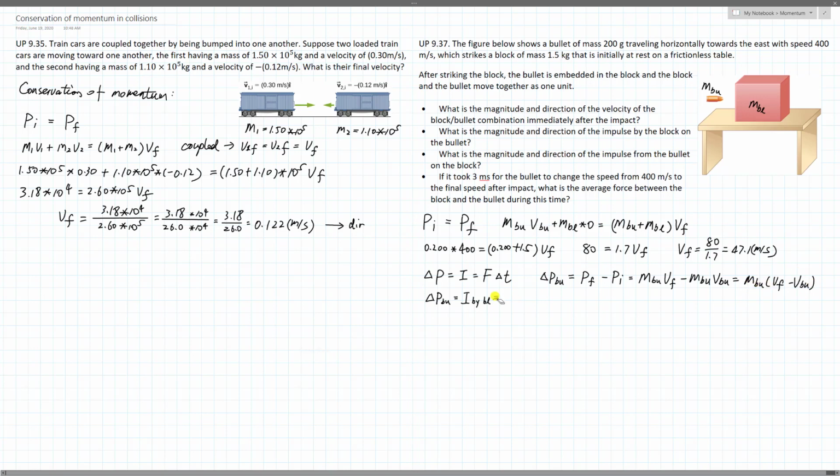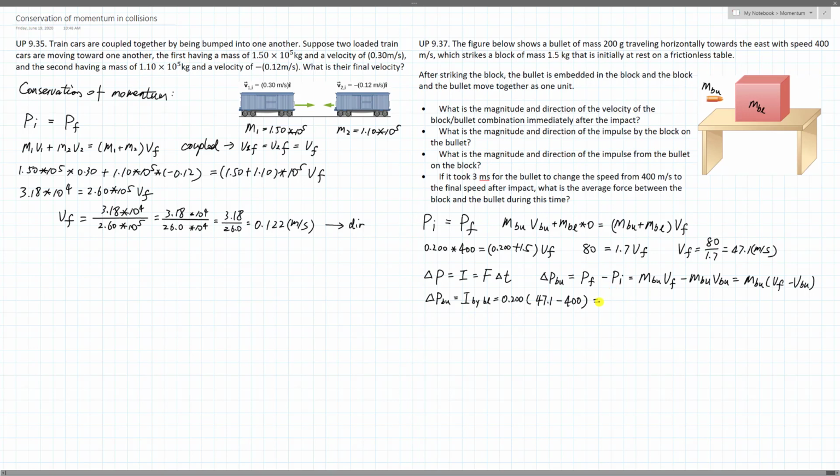So let's plug in the mass of the bullet, which is 200 grams. The final velocity is 47.1. The initial velocity is 400. As you can see, this is negative, which makes sense. The impulse on the bullet is negative. That takes momentum away from the bullet, so the bullet slows down during that impact against the block.